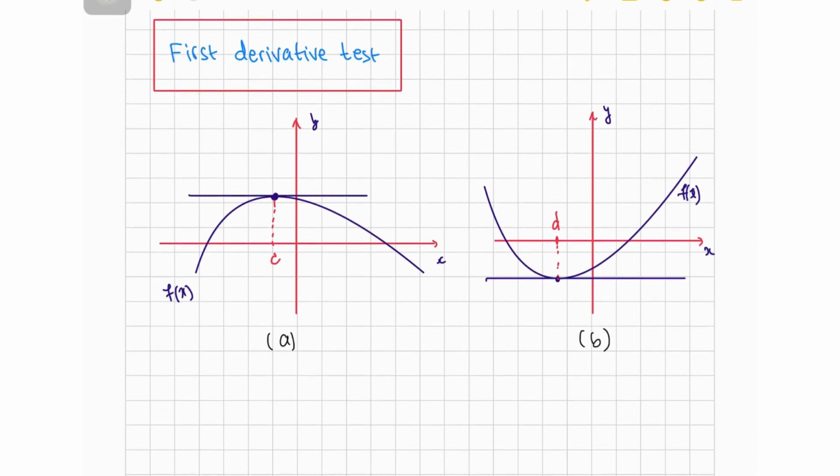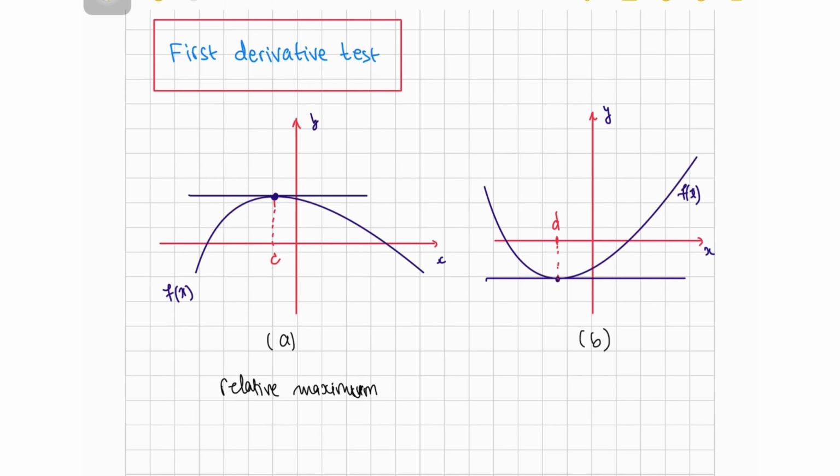With a little bit of knowledge, you can notice that there is in part A a relative maximum.